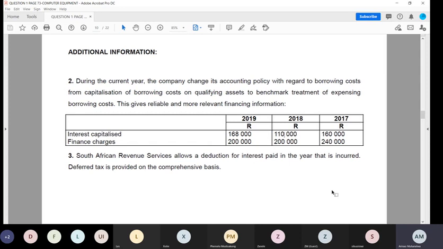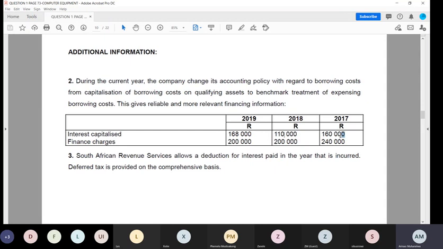Remember, you are adding it. It's not like expenses. Statement of financial position, assets, you add the cumulative balance. A lot of students I've seen make mistakes, or don't understand when it comes to cumulative balances.